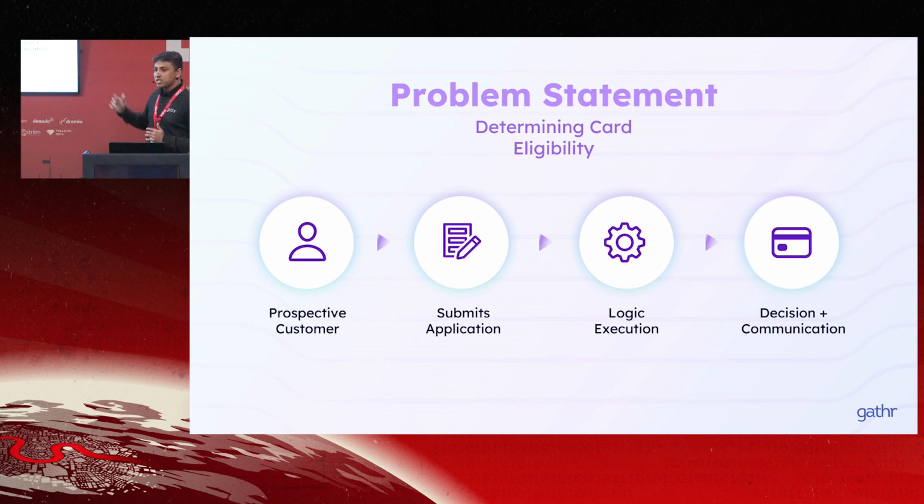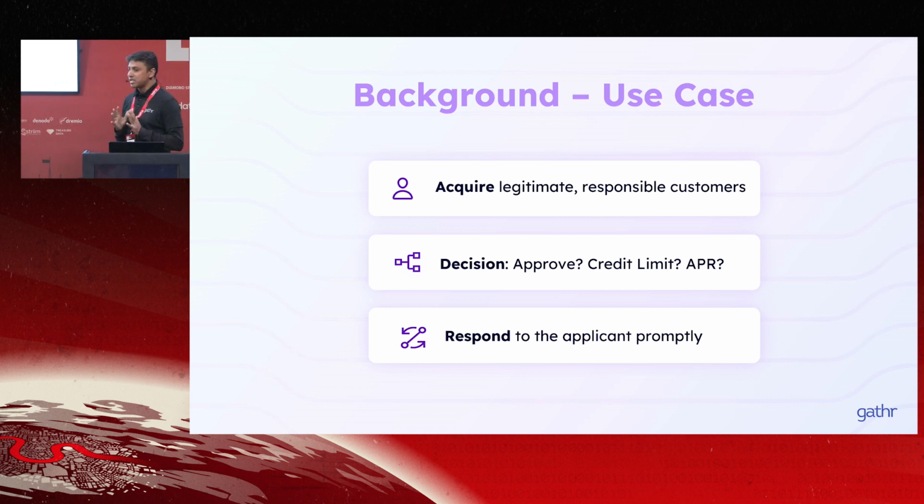Finally, a decision has to be communicated to everybody who is filling up the form. So the idea is to acquire legitimate and responsible customers so that it is good not just for the bank, but also for the financial well-being of the person applying for the credit card. We really want to acquire responsible customers.